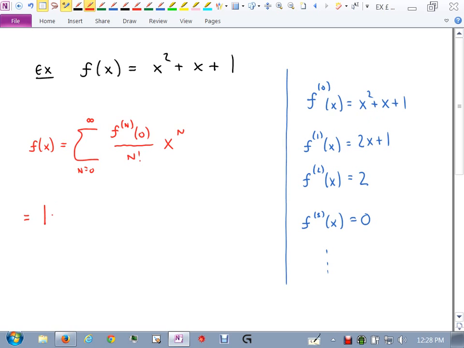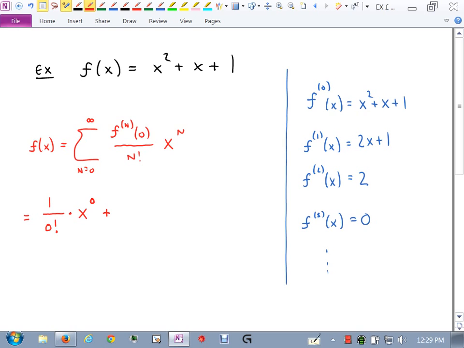So I have 1 over, I forgot to put 1 over, and then what? I'm plugging in 0, 0 factorial. I'm going to put 0 factorial so you know where I'm coming from here. Times x to what power? The 0, right? Plugging in 0 to start here. So does everyone see that that is the first term of this power series? Yes? Now go to the next one.